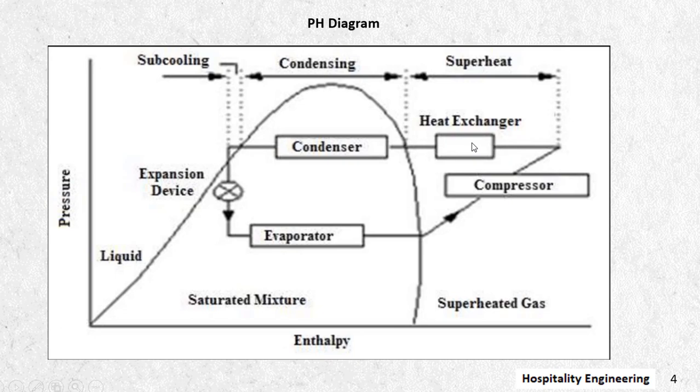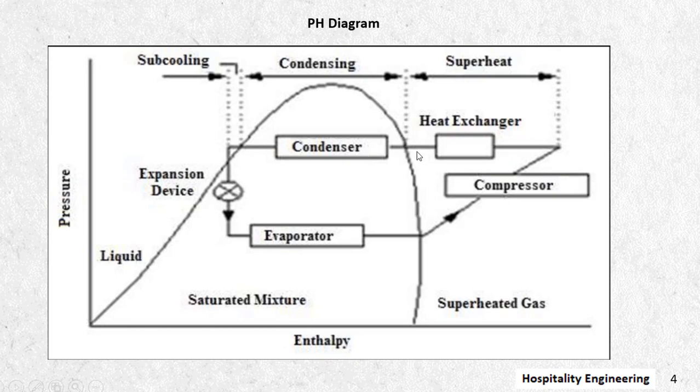Then it goes to the heat exchanger, the condenser. Here the gas changes into liquid while maintaining the temperature the same. Here you can see the gas goes inside and the condensing is happening.